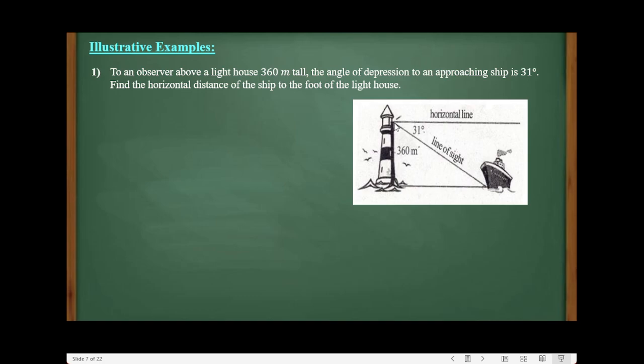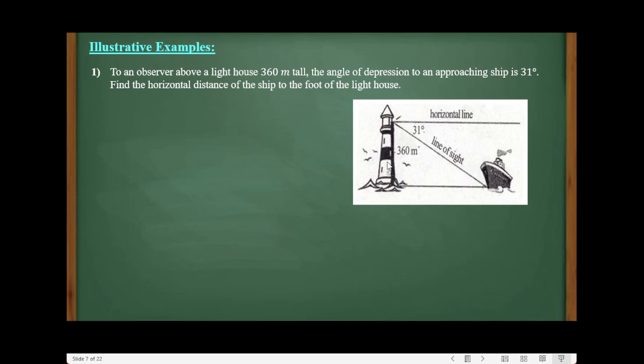So when we say angle of depression, our reference line here is the horizontal, and with respect to the horizontal, the line of sight forms an angle of depression of 31 degrees. So the object that is observed here is the ship. Okay, so this is 31 degrees. And from this problem, the height of the lighthouse is given as 360 meters.